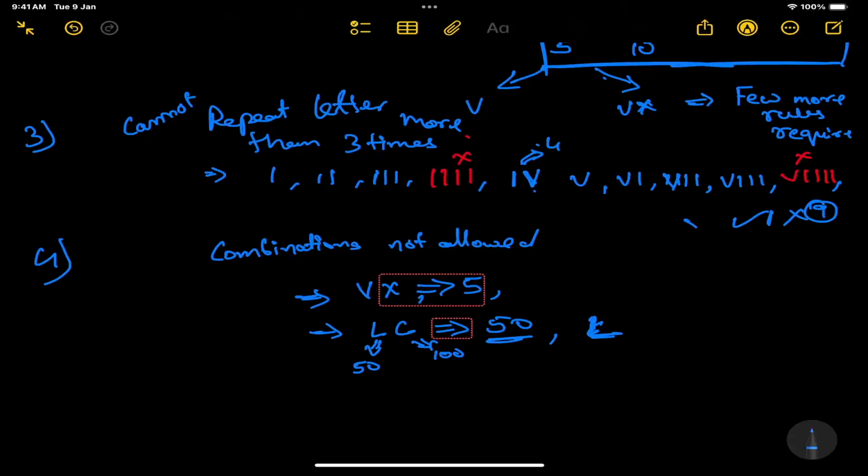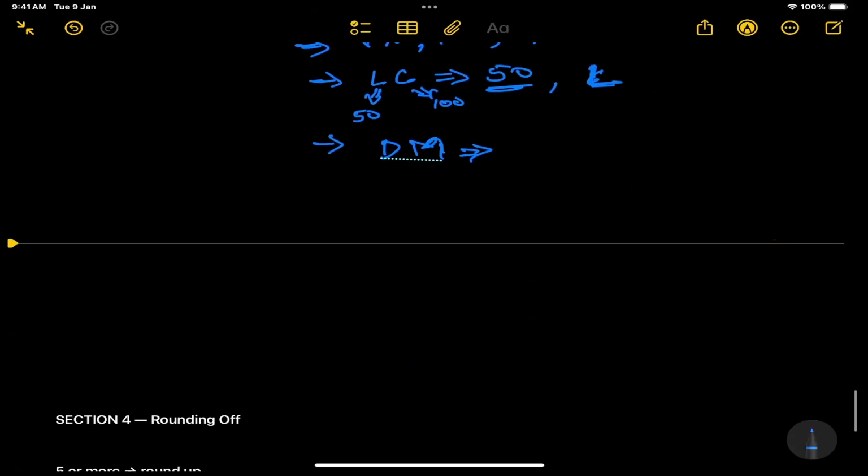L can be the way to write 50. Similarly, V can be the way to write 5. Another example of a combination which cannot be written is DM. Guys, this will be your homework to understand why exactly we are not writing DM.